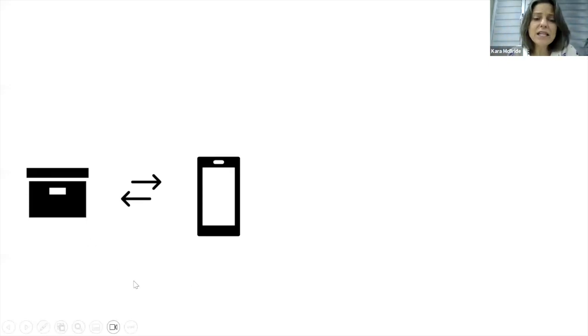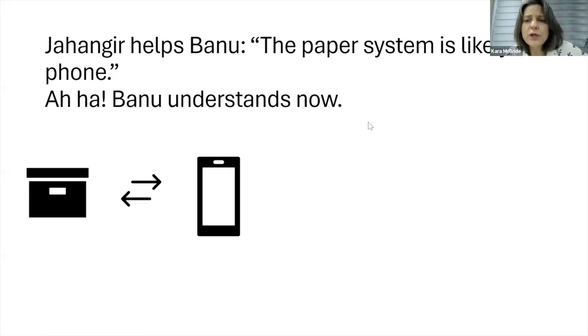But then what Jahangir does is he says, oh, you see, it's just like the way your phone works. And he makes a metaphor that she is able to relate to. And that helps. Now, with making this comparison to the cell phone and how it works, her beloved cell phone, she learns what she needs to learn.